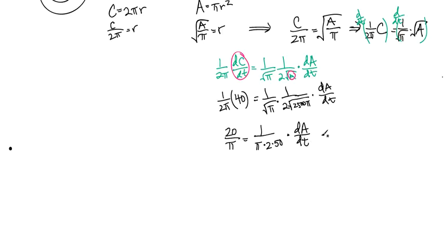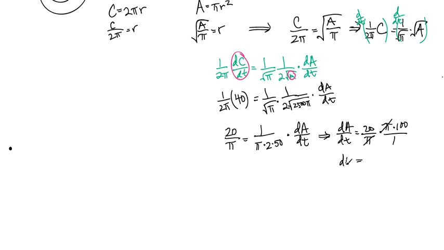And solving for dA/dt, dA/dt is equal to 20 over pi times the reciprocal, because we're dividing both sides, pi times, I'm going to turn that into 100 over 1. These cancel out.